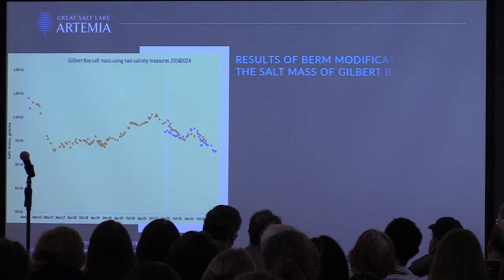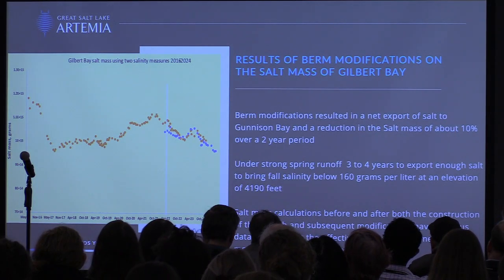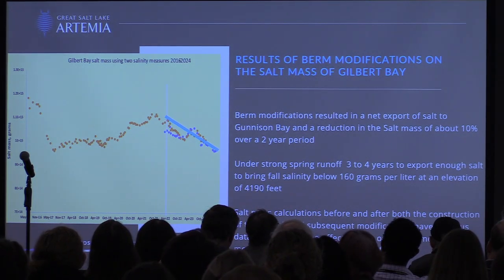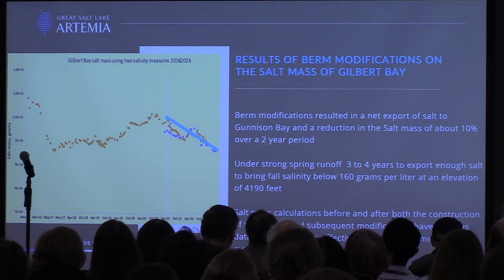And what we see on our salt mass calculations is that the salt mass again starts to decline, at about 5% a year. So now, under those conditions, we did have a lot of spring runoff, but under those conditions, salt mass declined by about 5% a year.